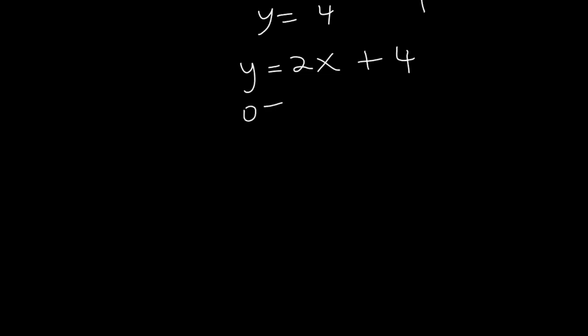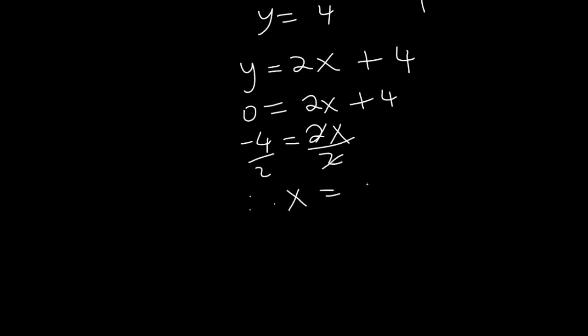When we are looking for x, let y be 0, and then we subtract 4 from both sides. So we remain with something like this, and because we are looking for x, we are dividing. Therefore x is negative 2. Right, so (-2, 0). This is our second point.